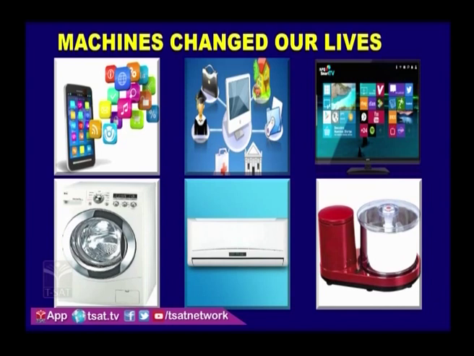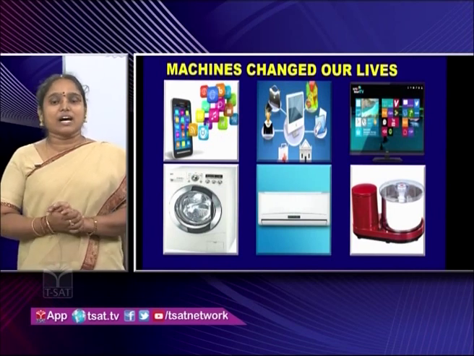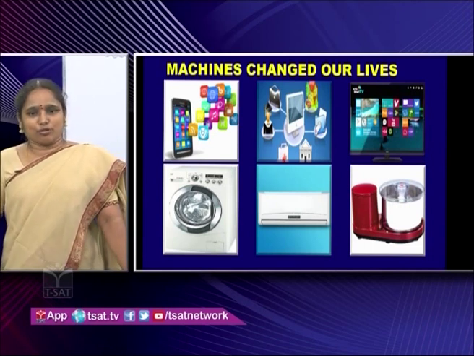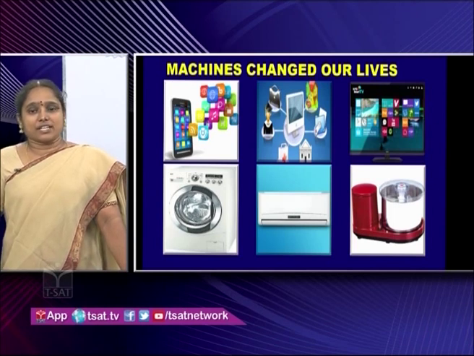And the next picture is the air conditioner, which has recently been moving from luxuries into the list of necessities, particularly in urban areas. Without AC, people don't want to stay at home now. Even in offices we see big centralized air conditioners. And the last picture is the wet grinder.